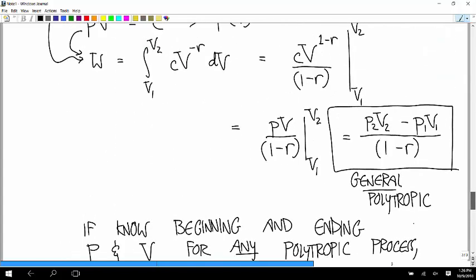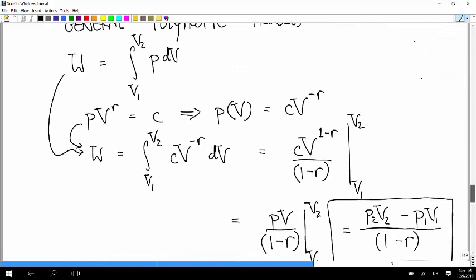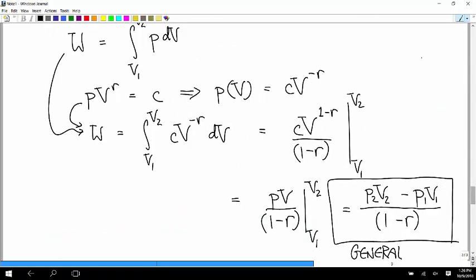But you could go through a similar approach. Look at what would happen up here if R was equal to 1. If you had that PV to the first was equal to C, so that's the case of an ideal gas with a constant temperature, then pressure as a function of volume would be equal to C V to the minus 1. And when you did your integration, you just have to use natural log and come up with a different formula for it.